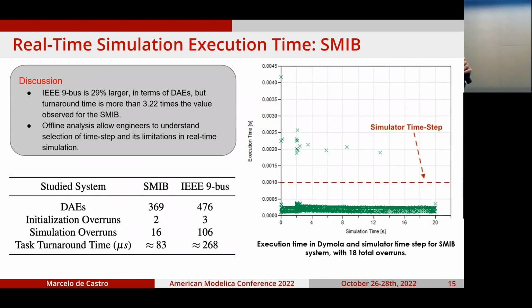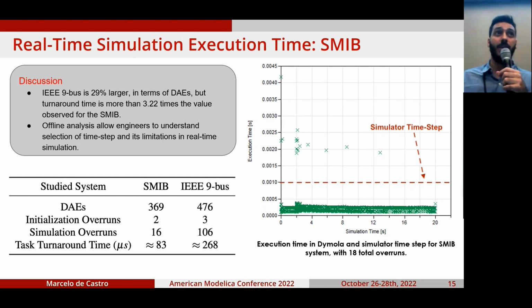So another interesting thing here is that we were able to use DEMO to perform some interesting analysis concerning the overruns that were observed during the simulation. Here it allows the engineer to understand the selection of the time step for the real-time simulation before actually executing it.